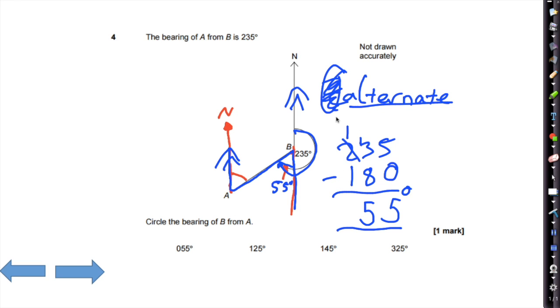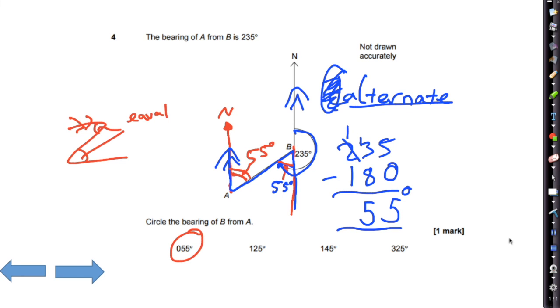A little column subtraction there to give us that. And as you know that alternate angles are equal, that means the angle inside there and inside here, as when you've got two parallel lines, the inside angles, these two are equal. Well, if this is 55 degrees, then this angle here is 55 degrees, but as a bearing that would read 0.55.